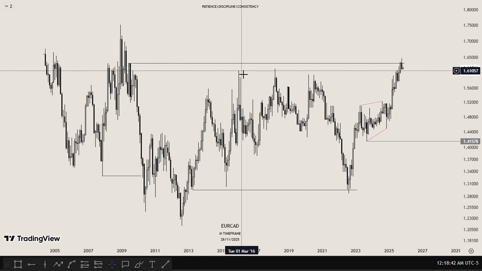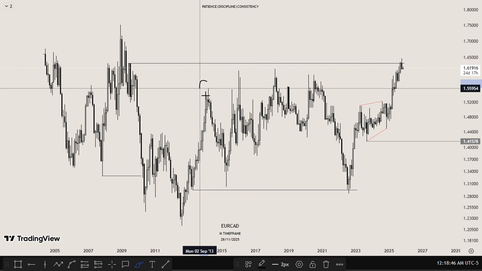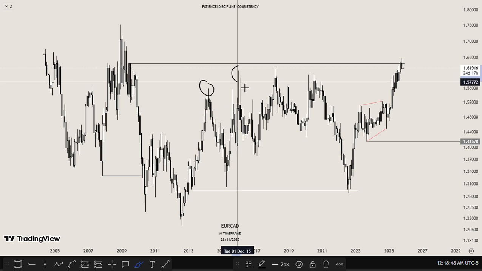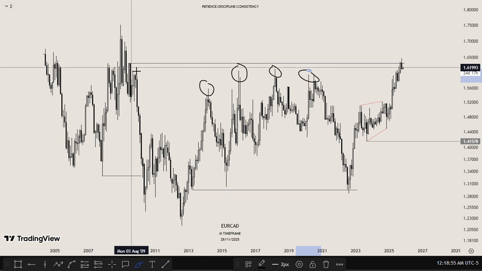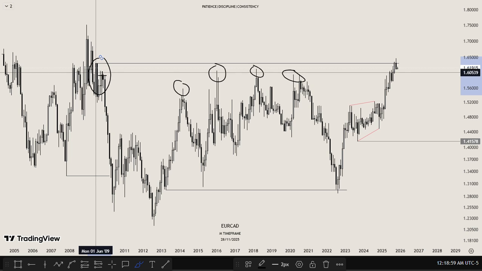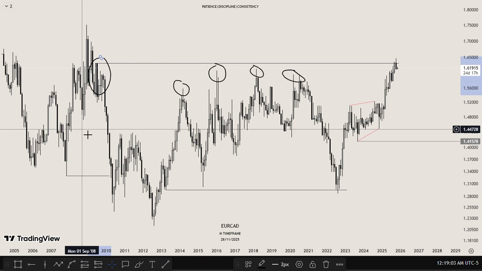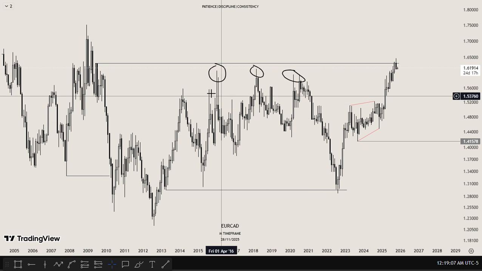As you can see, we had our first reaction, second reaction, third and fourth from this level here. So that's why retail traders were being involved in, or rather they're entering the market from.